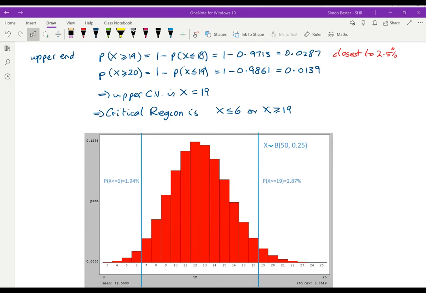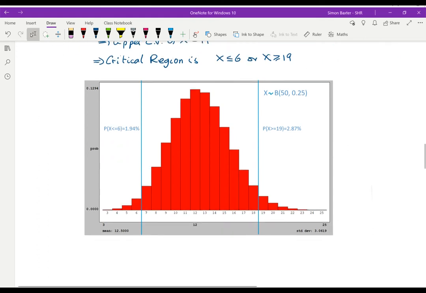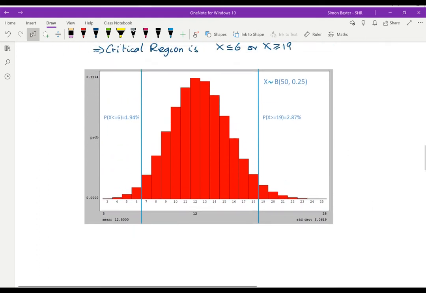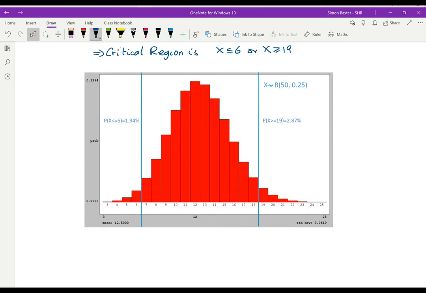We were told in the problem that there were 10 male elephants. So our test statistic is X equals 10. If we look, the critical region is still just at the top of the page, and 10 does not lie in the critical region.